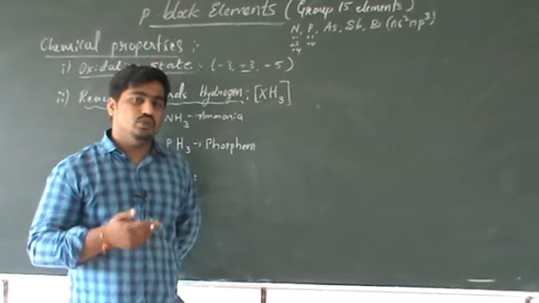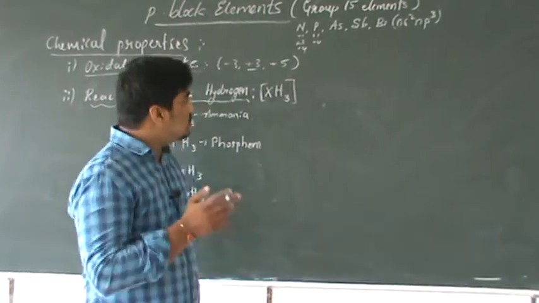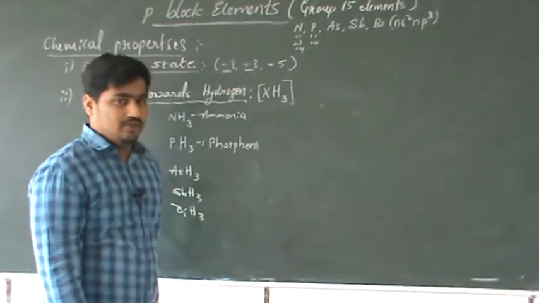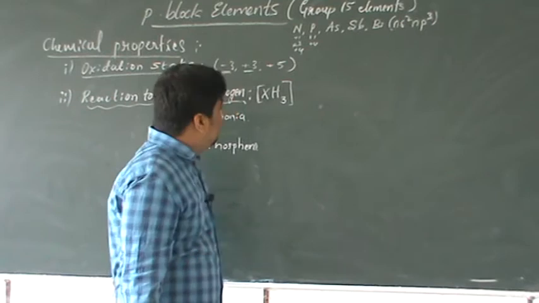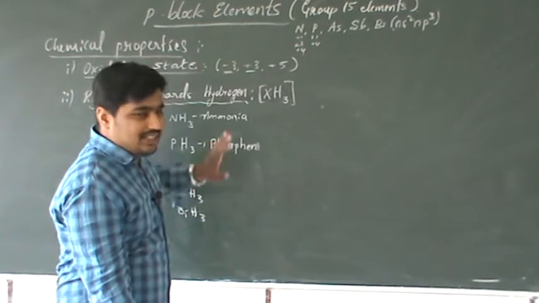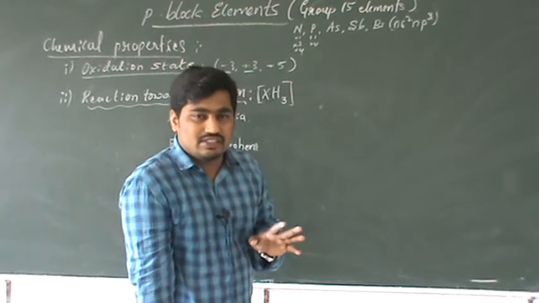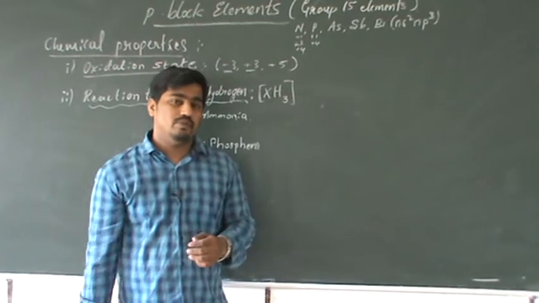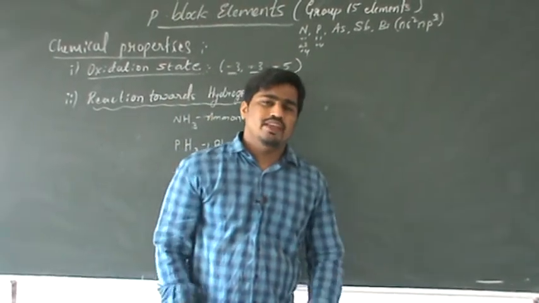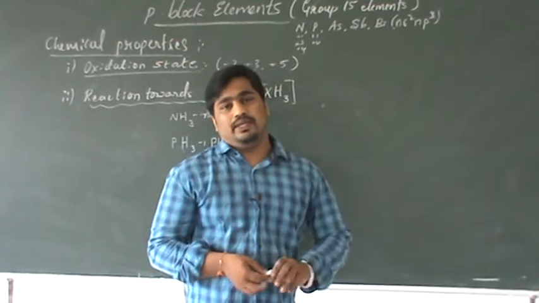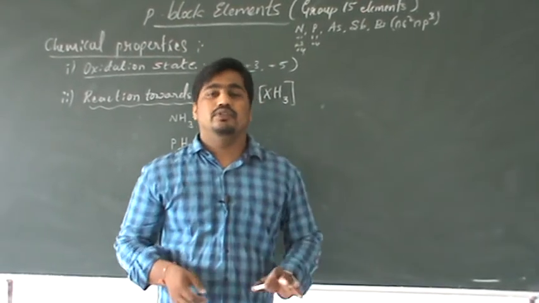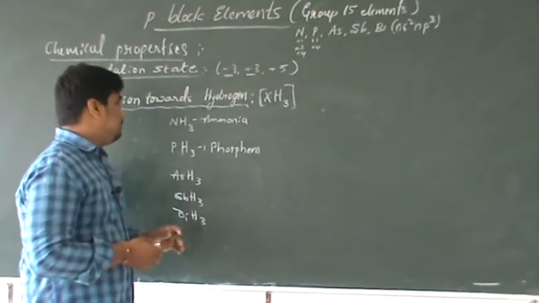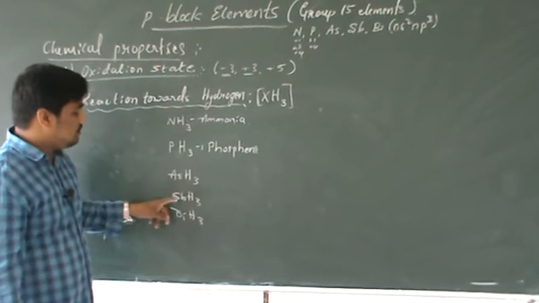There is a possibility to explain the stability also by considering the stability of the oxidation state. If you know the variation of oxidation state down the group or along the period, then it is easy to explain the stability of the compounds that are formed. In this case, these are the hydrides.